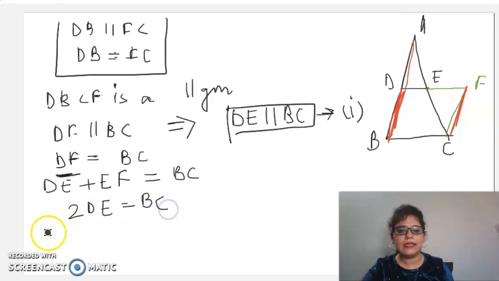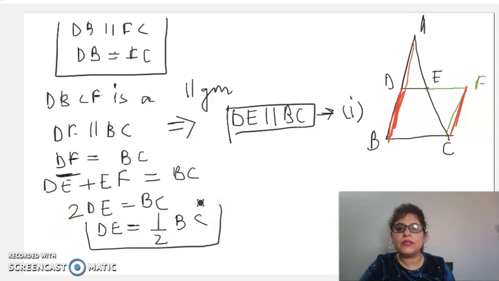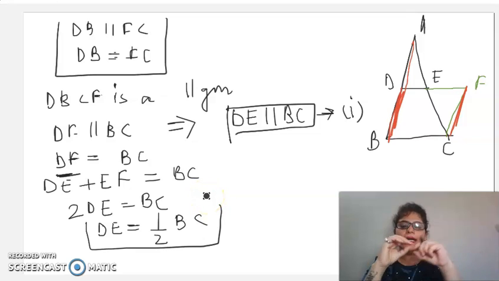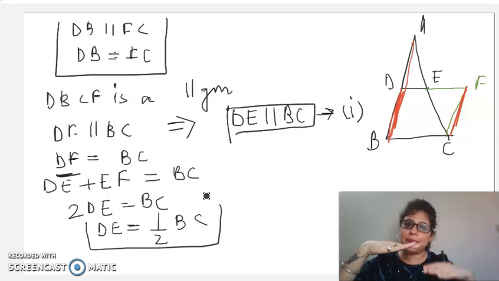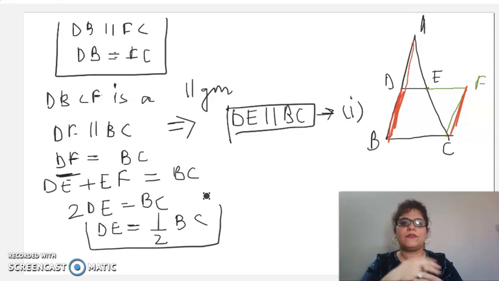We can say that. Or what we can say is that DE is equal to half of BC. This is the theorem we were required to prove, that the line segment joining the midpoints of two sides of a triangle is parallel to the third side and equal to half of it.